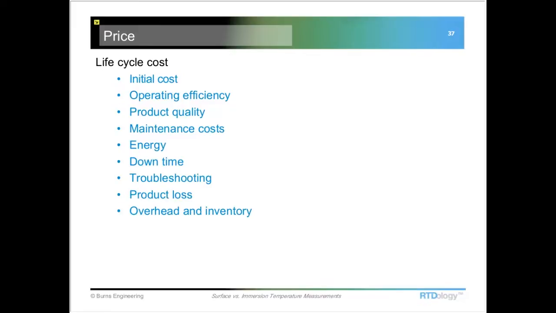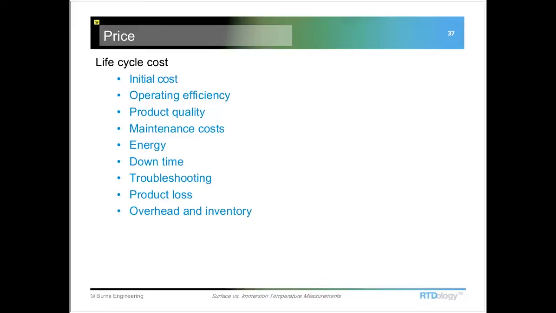When it comes to doing all of the maintenance, efficient use of energy, and if you buy a sensor that's not suited for that application, where maybe the durability wasn't there, maybe the wake frequency wasn't taken into consideration, you're going to have some reliability issues there, resulting in a lot of downtime and troubleshooting, potential product loss, keeping spares in inventory.